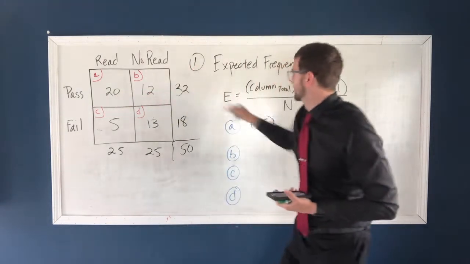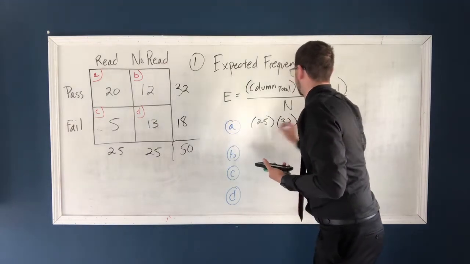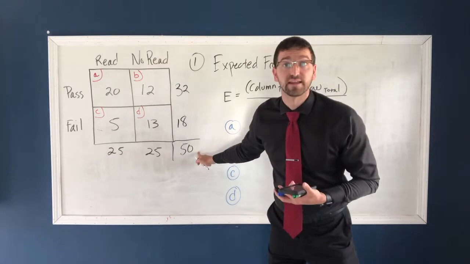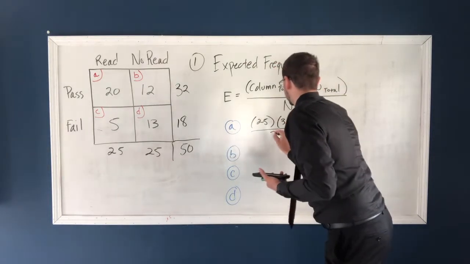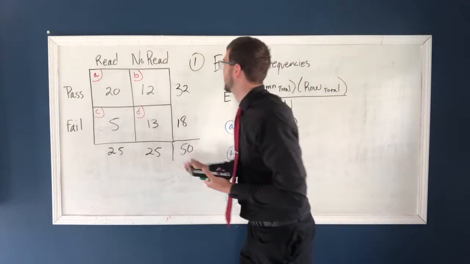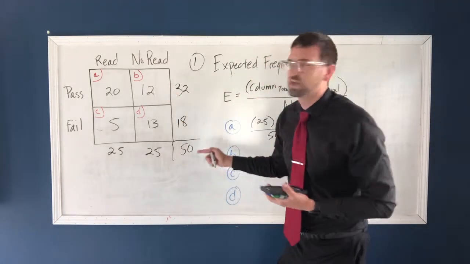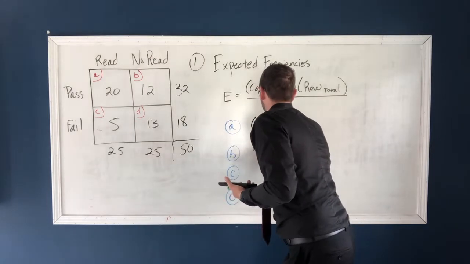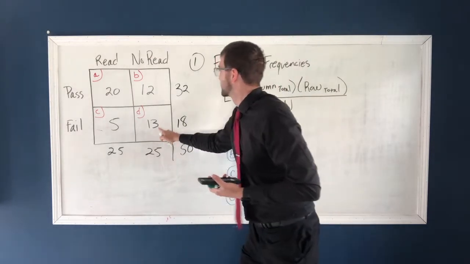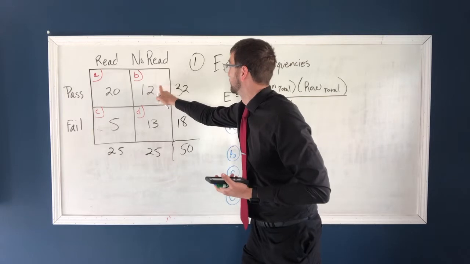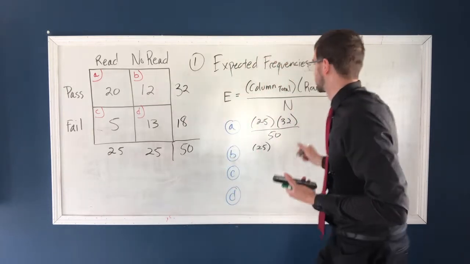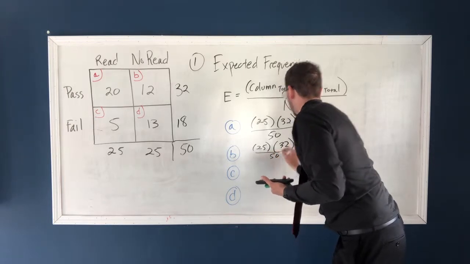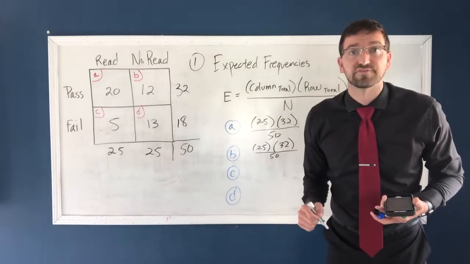It's 32. And what's the total N? The total N is 50. Now let's do B. What's the column total for no read? It's 25. What's the row total for no read? It's 32. And the total's going to be 50.